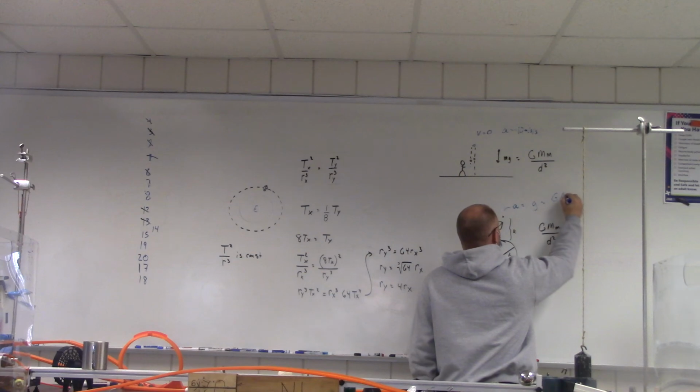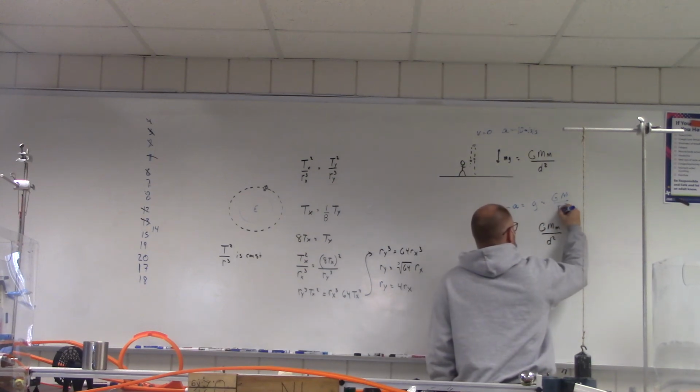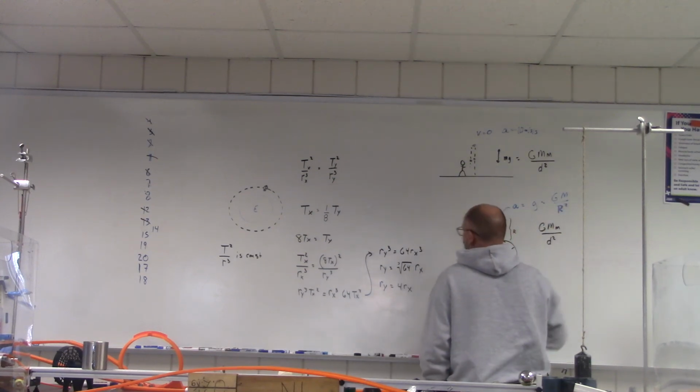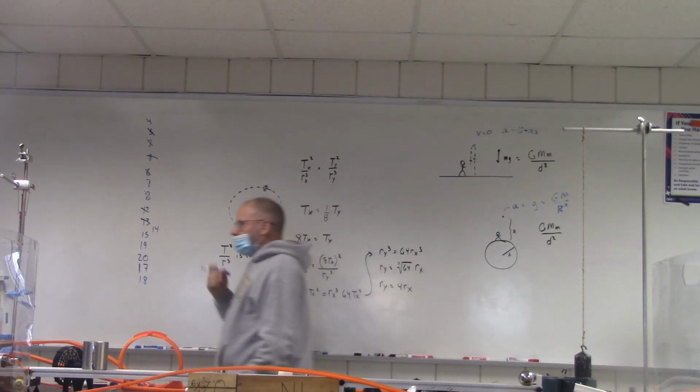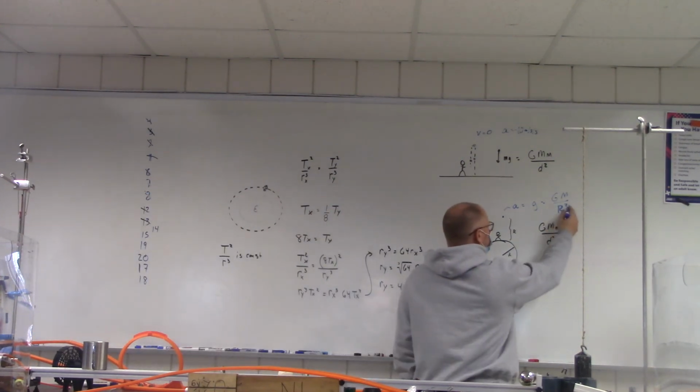Well, we learned earlier today, this is Gmm all over r squared. True? Now, this r here is whatever distance it is from the center.